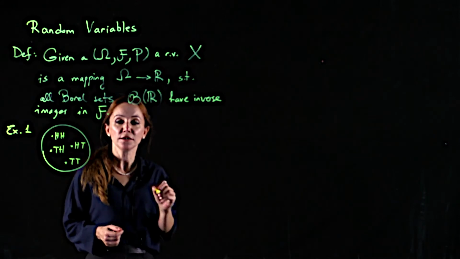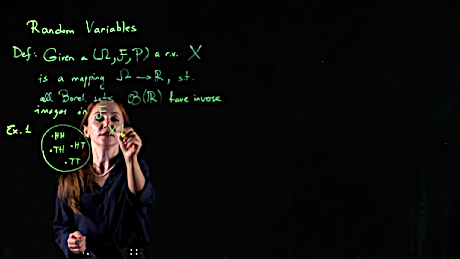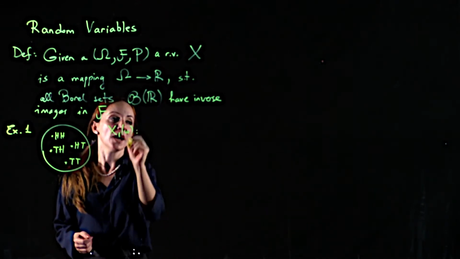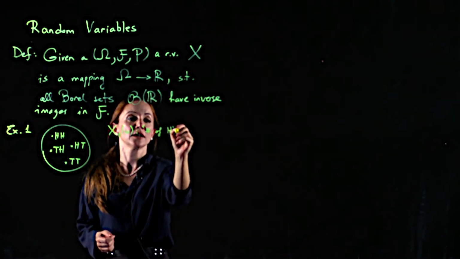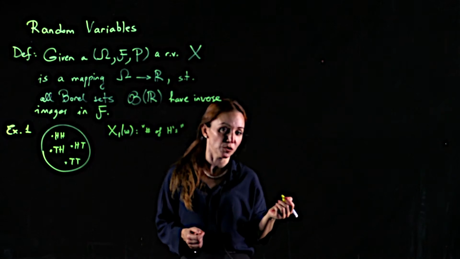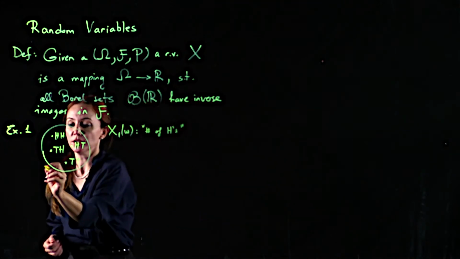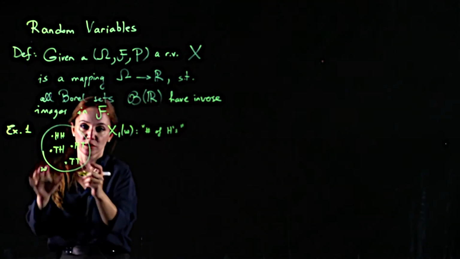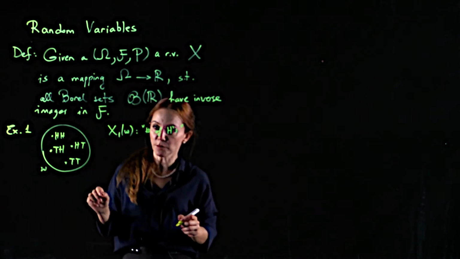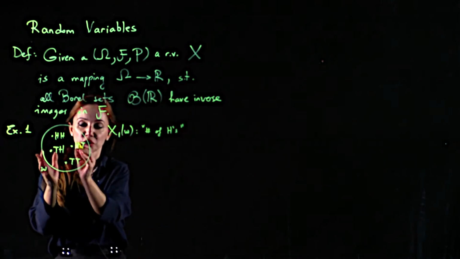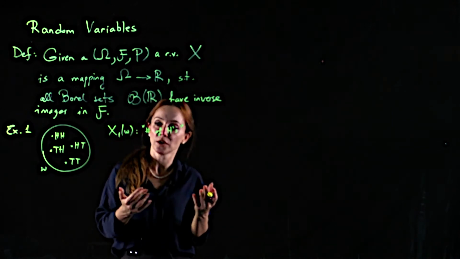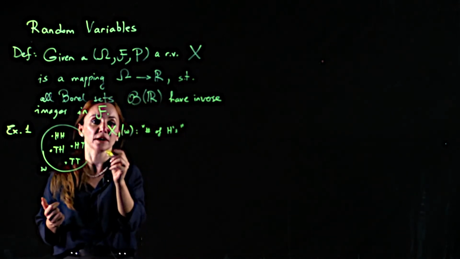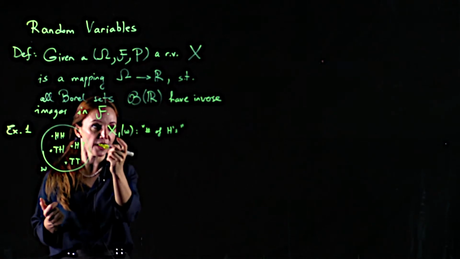Let's define a random variable X1 of w as the number of heads occurring in the outcome w. So w's are all elements in the sample space, and each of these elements maps to a value under this mapping X of w.